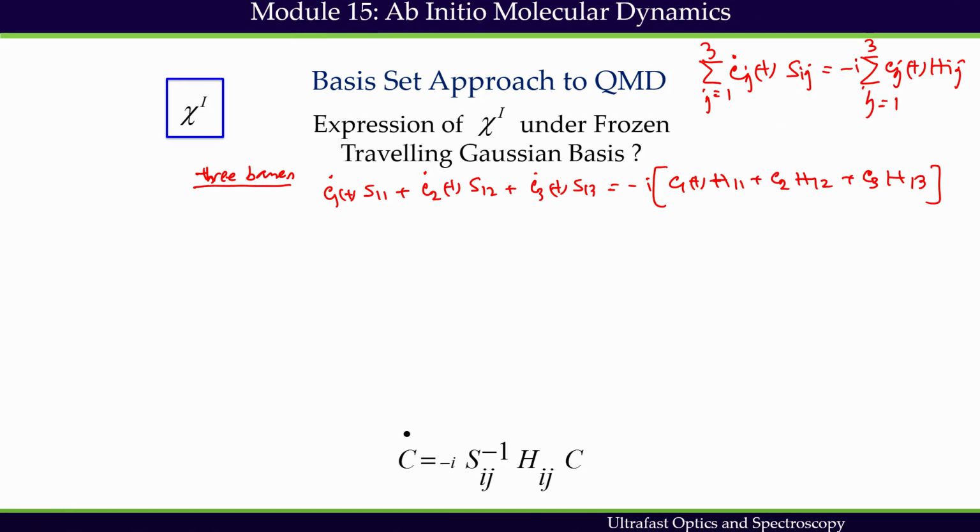Then one can write this for i equals 1, then i equals 2, and i equals 3.